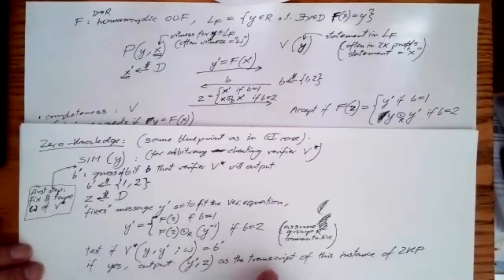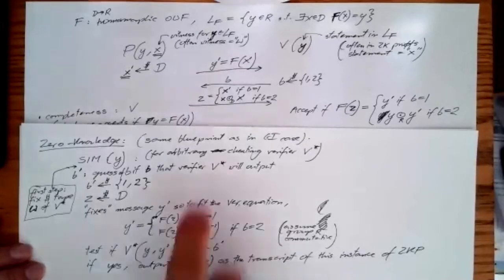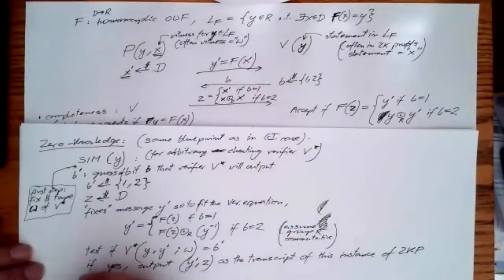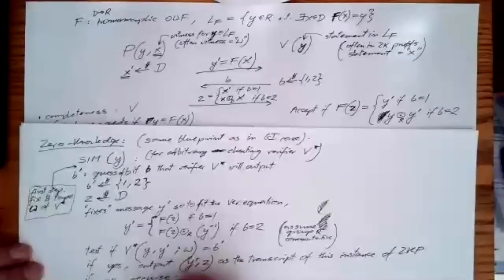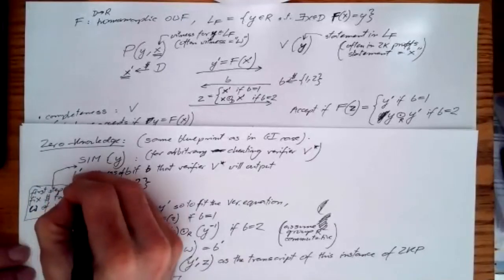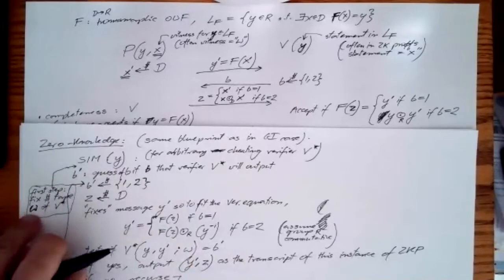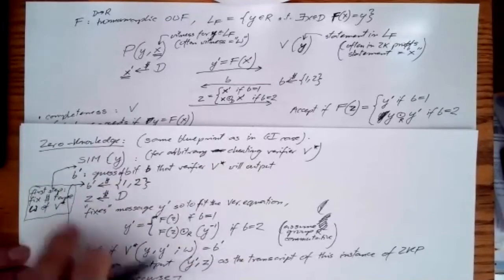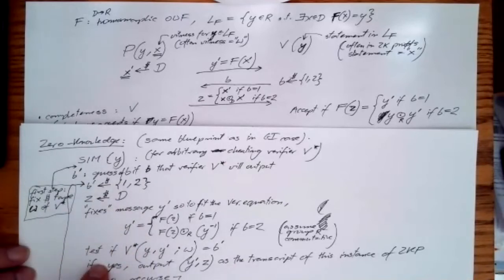In other words, the message Y prime, and then given the response B prime, the final message Z. If no, recurse. So that recurses to this step. Don't change the randomness of the verifier. Just pick a new bit and start anew.